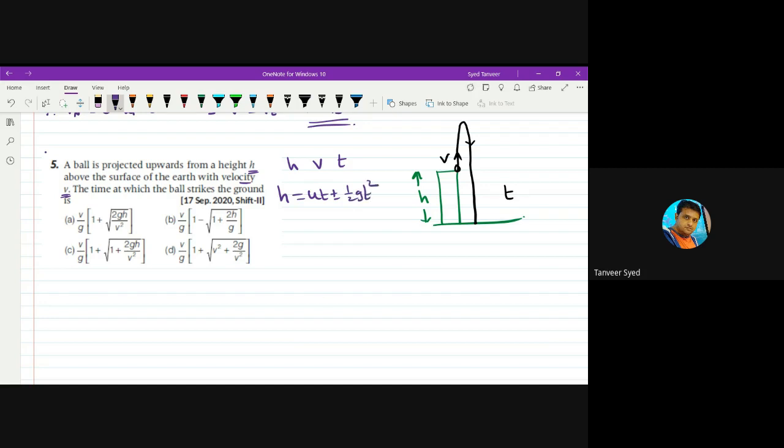Okay. Now again, what we discussed just now, same situation. Should we use g? Should we put plus or minus for g? As this motion of the body is taking place along both directions, upward and downward. For some part of the time, body is traveling upward. For some other part of the time, body is traveling downward. So we don't put plus or minus here.